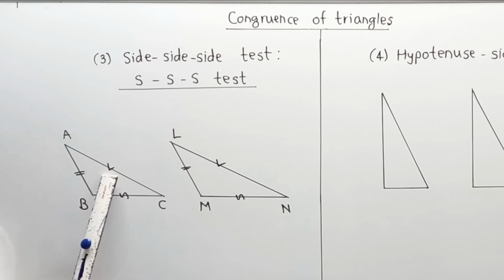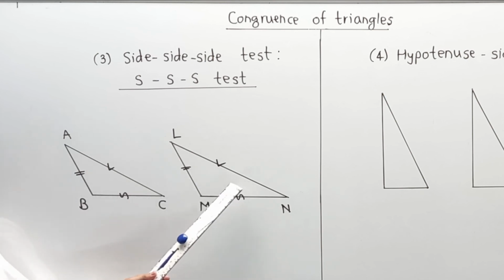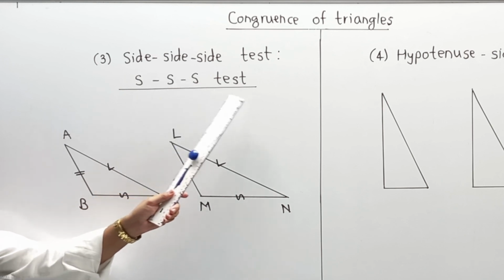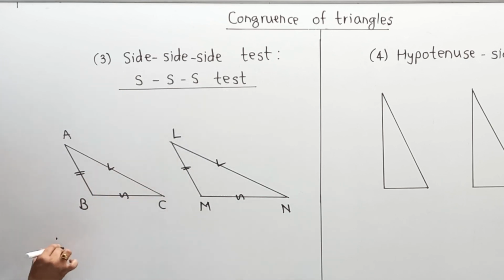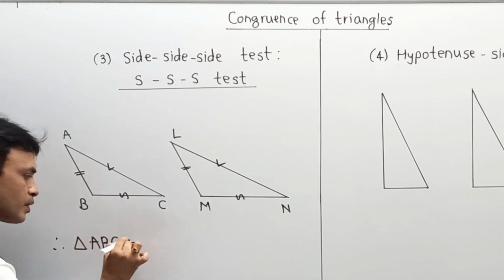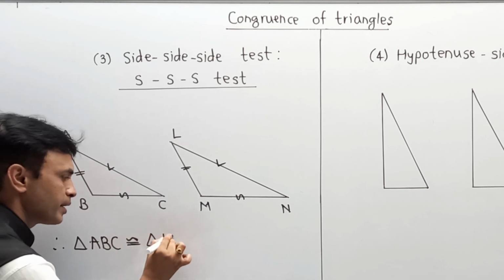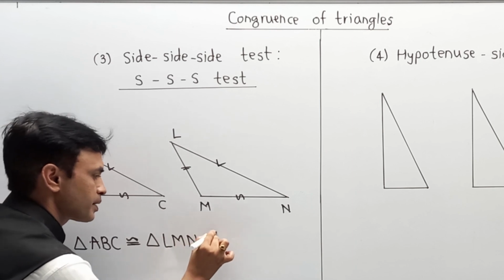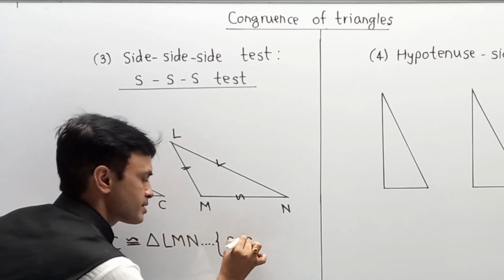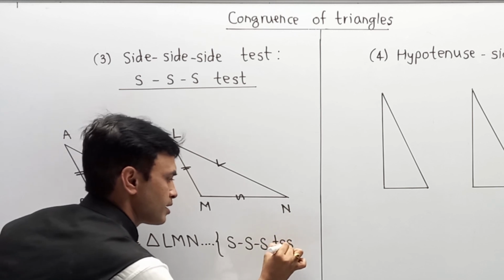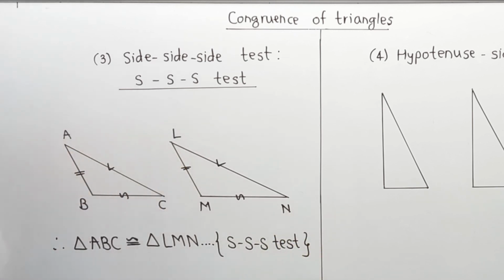Then it is said that the first triangle is congruent with the second triangle by the SSS test of congruency, and it is written as: therefore triangle ABC is congruent with triangle LMN by SSS test of congruency. Here SSS is the name of the test and the congruency symbol is the symbolic presentation for the two triangles.